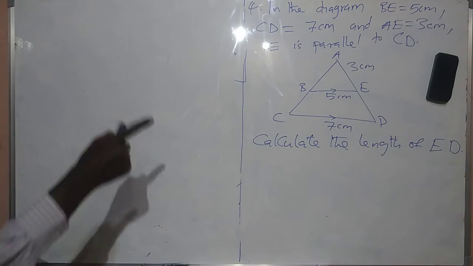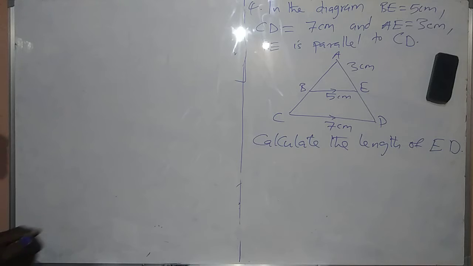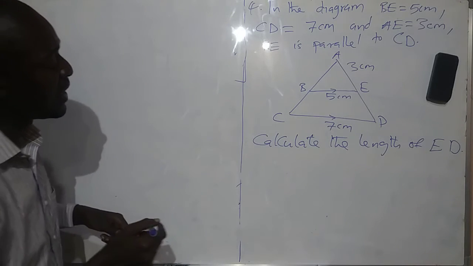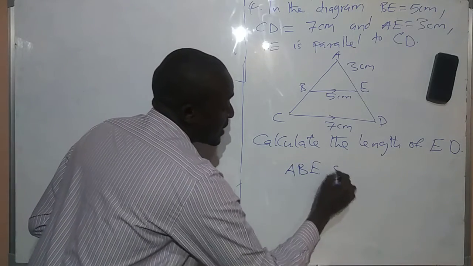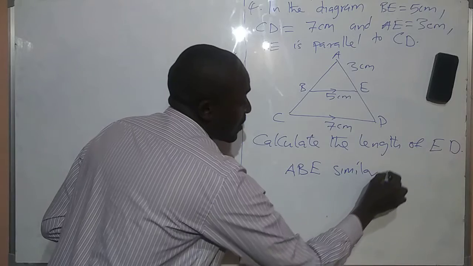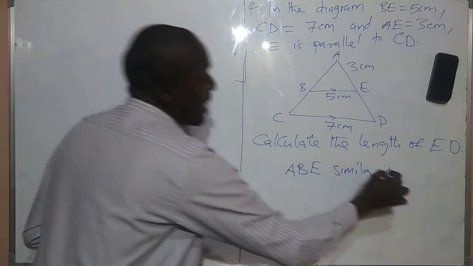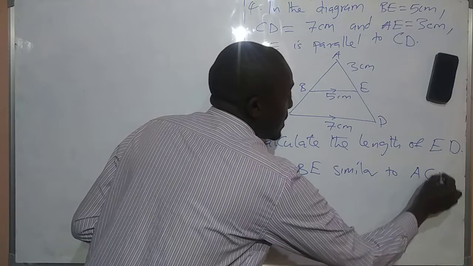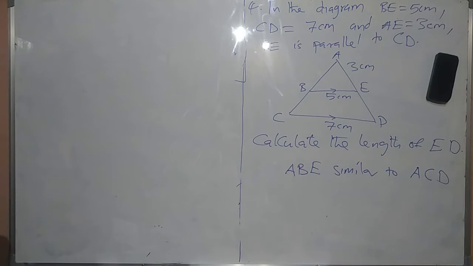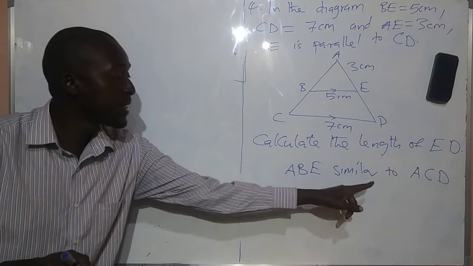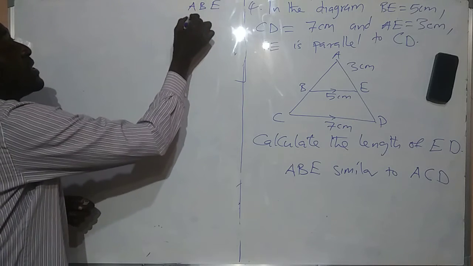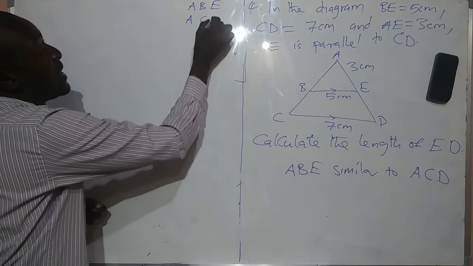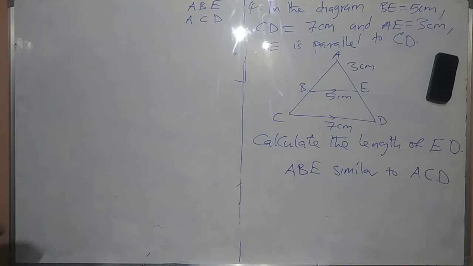So triangle ABE is similar to triangle ACD. So we have it like this: ABE is similar to ACD. That's what the question says.